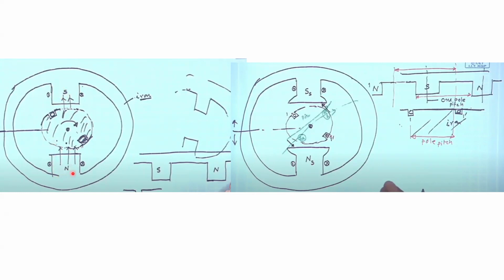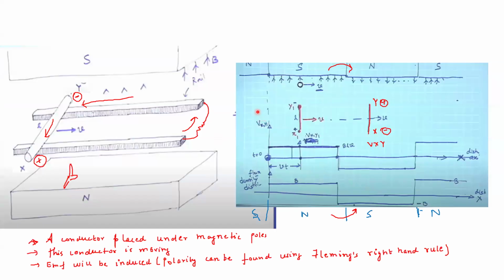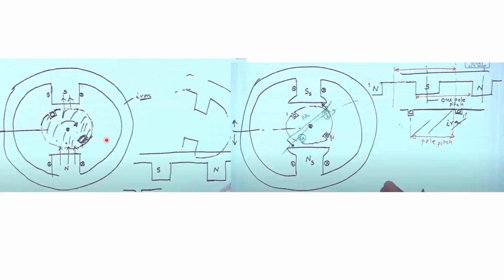Then in the next slides I'll be discussing how this north and south pole is generated in the stator also. But you see, these are the rotor coils, let us say the conductors which we were discussing earlier. These two ends of the conductors, let us say we have placed in the rotor.